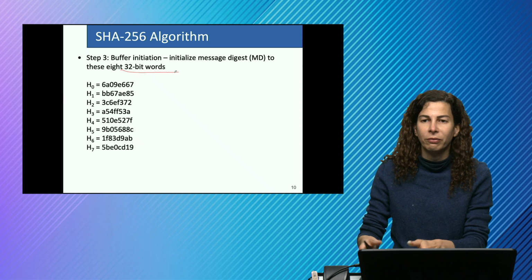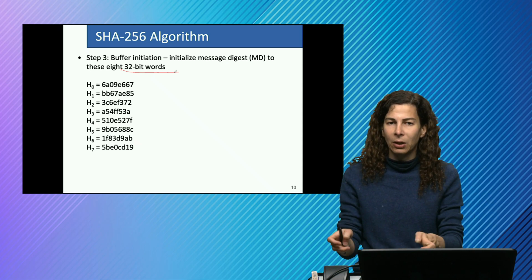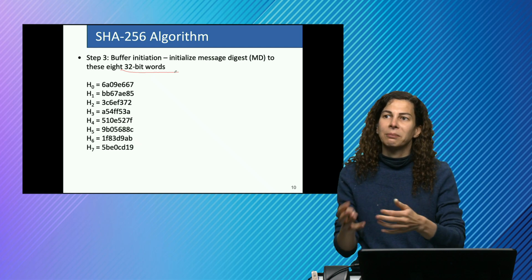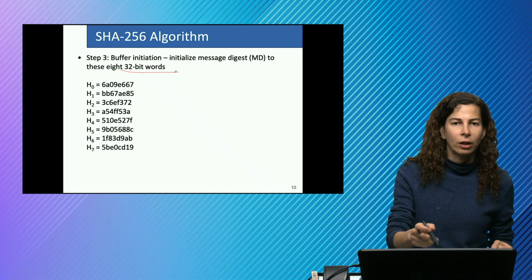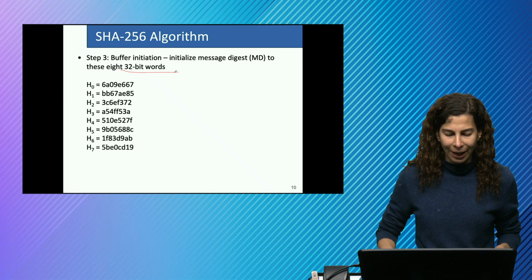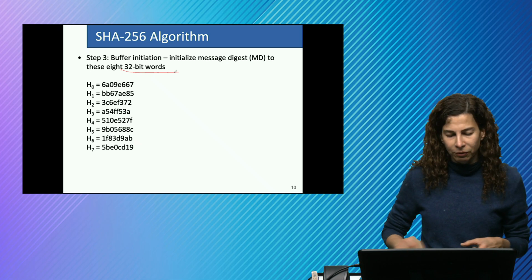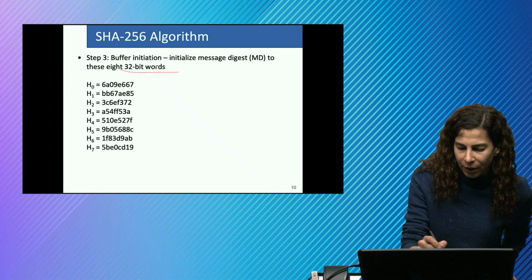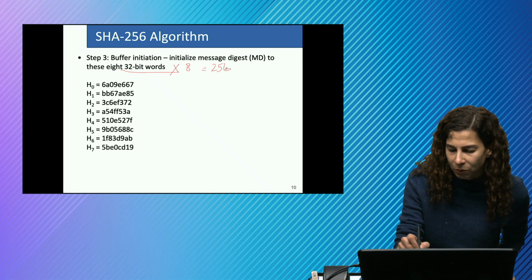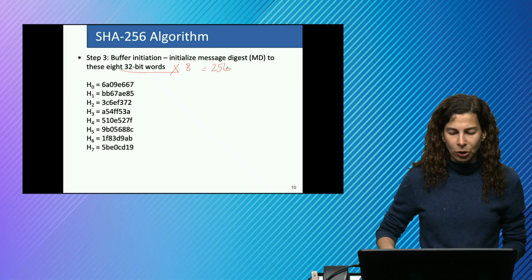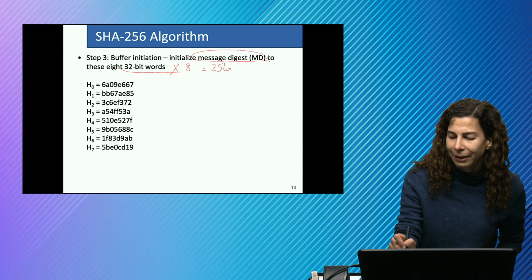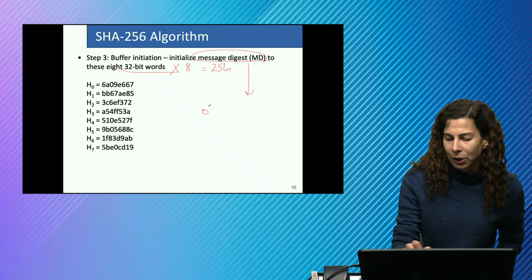And assume that this shuffling is a deterministic algorithm, but anyhow, that initial value has some impact over what can be shuffled after that. And these are just some values suggested for initializing the hash function, that 256 bits. So 32-bit words times 8 is 256, which we use to initialize the message digest. And the message digest is really the output of the hash function.